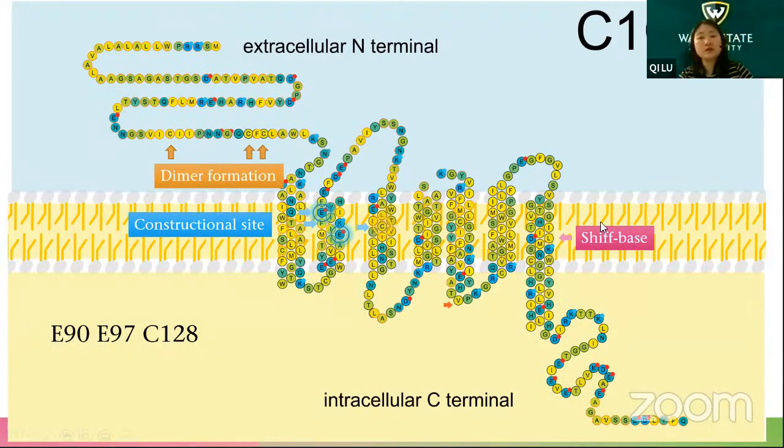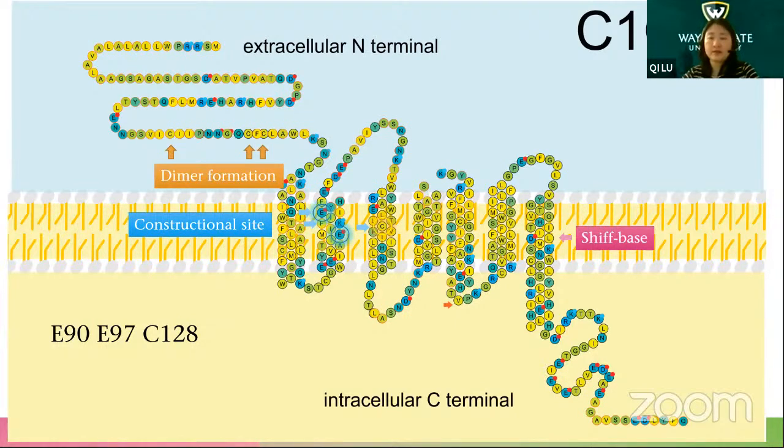And as mentioned at the beginning of this lecture, in transmembrane 7, this lysine residue is important as the binding site for the all-trans retinal ligand to form the Schiff base. That's on the lysine.